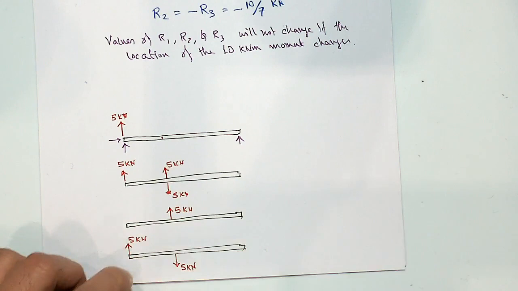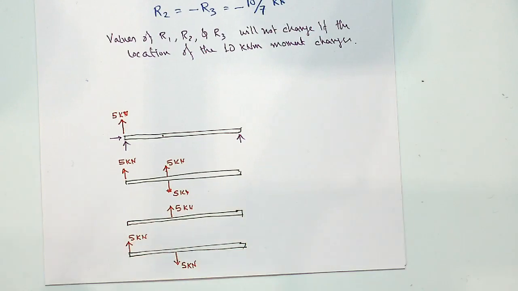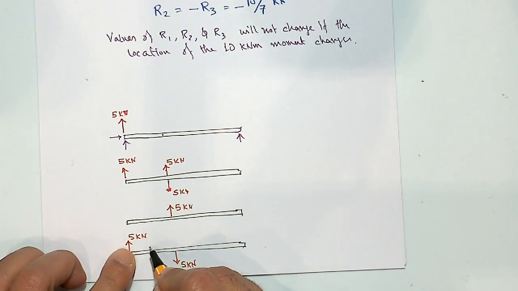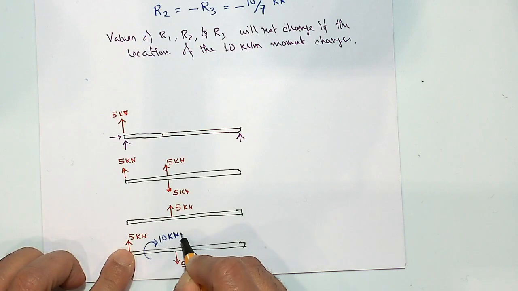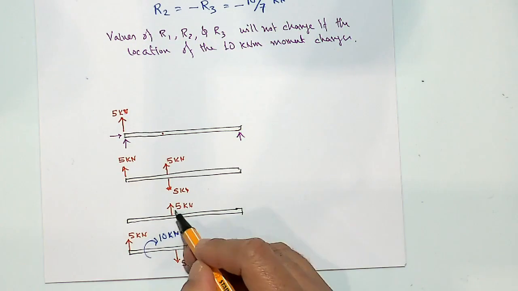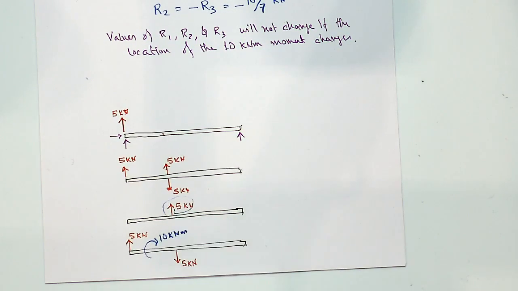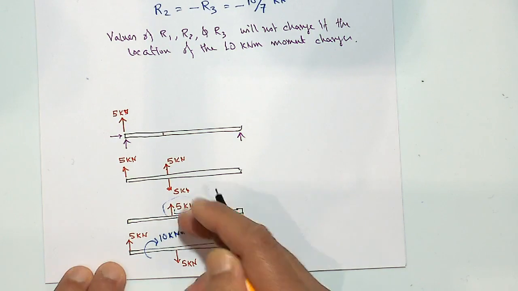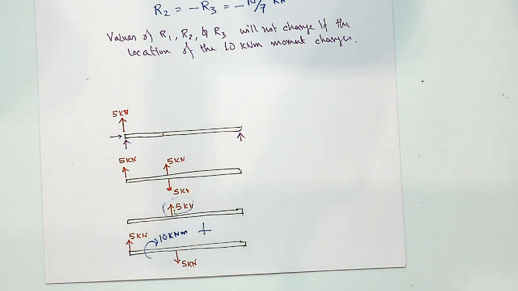Now these 2 loads are nothing but what you are saying, creating a 10 kilonewton meter moment. But there is this force left. So whenever you want to transfer a force or a moment, you have to see the overall effect. You cannot do just one.